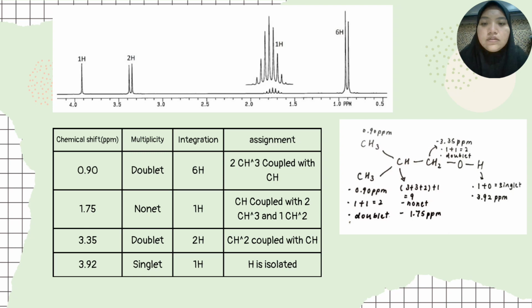So here is the NMR spectrum. From the NMR spectrum, we can get the chemical shift, multiplicity, integration, and assignment.